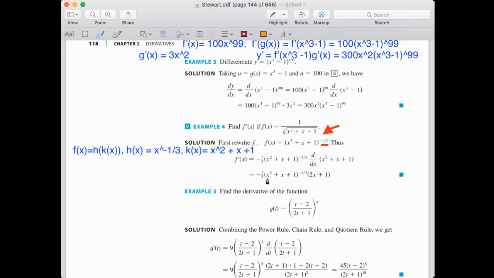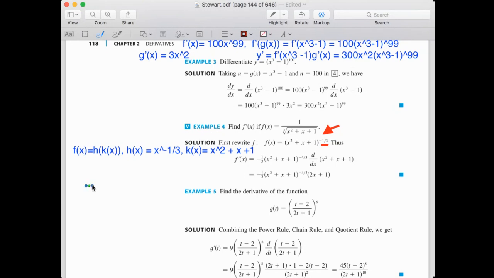All right. So if we want to rewrite this, we would write negative 2x plus 1 as a numerator, divided by x squared plus x plus 1 multiplied by the cubic root of x squared plus x plus 1. All right, that would be a perfect way of rewriting this.